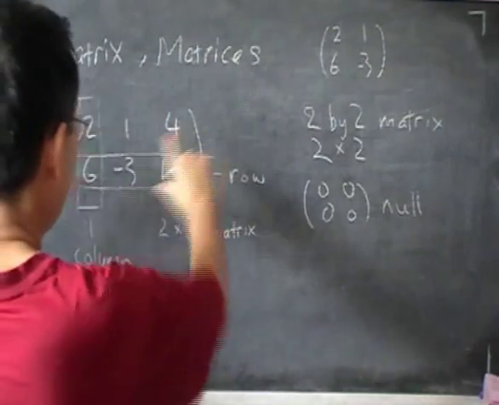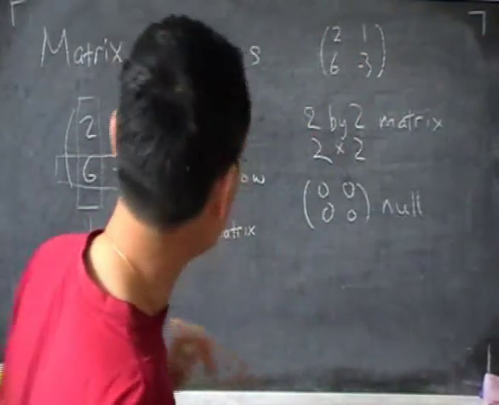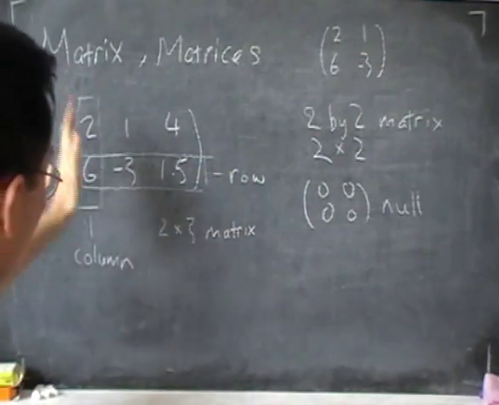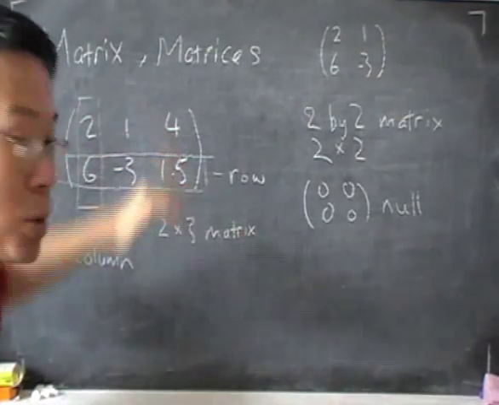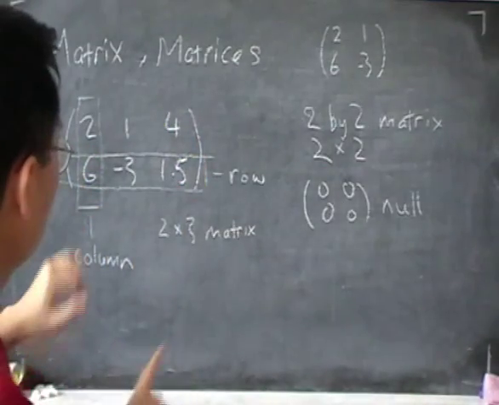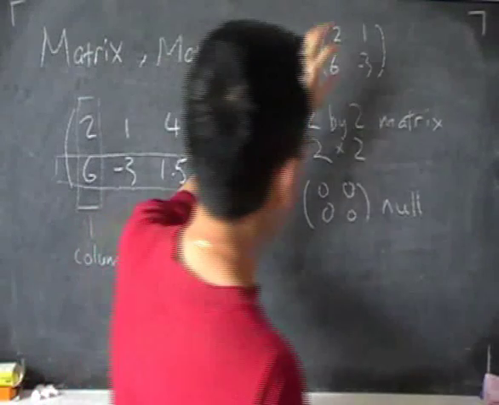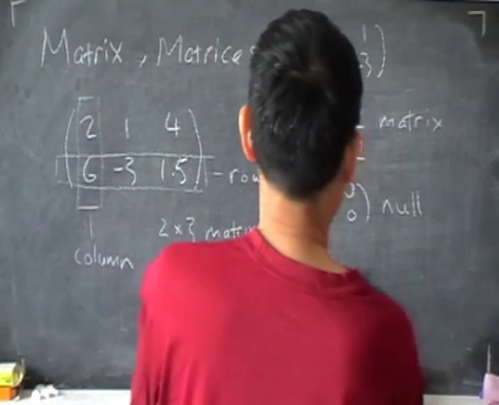So this is sort of longer this way. Because this is 2 by 2, there are the same number of rows and columns. For this one, you have more columns and fewer rows. Because of the shape that it looks like, we call this a square matrix.